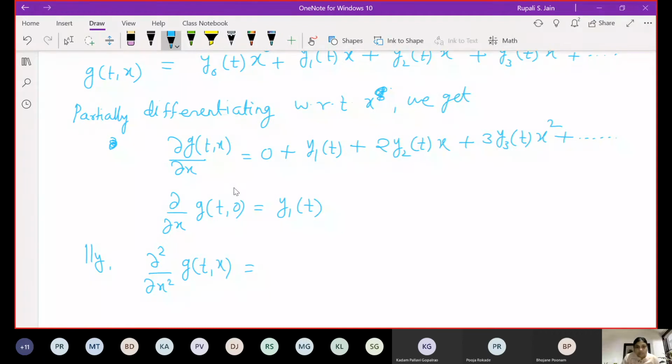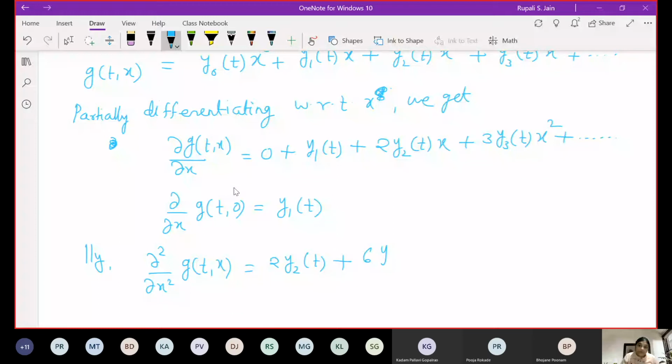What will remain? 2 times y_2(t), plus 6 times y_3(t) x, and further, the next term will be 12 times x square.